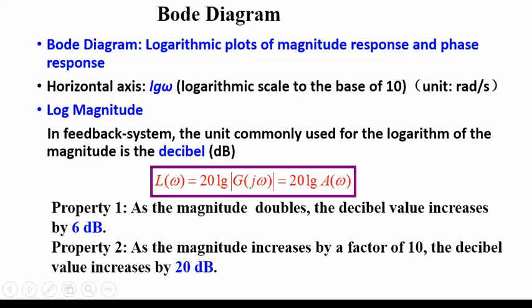So what we want to do today is the frequency response, and what we have to start with is the Bode plot. Okay, last time we did describe the frequency response.